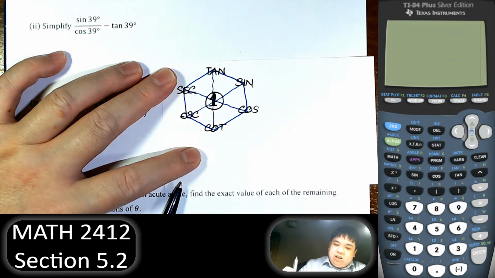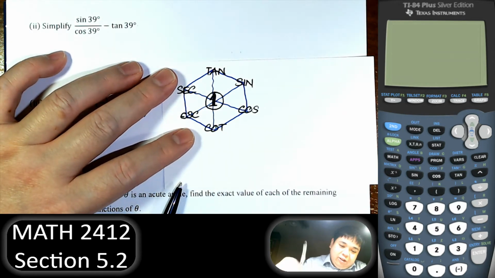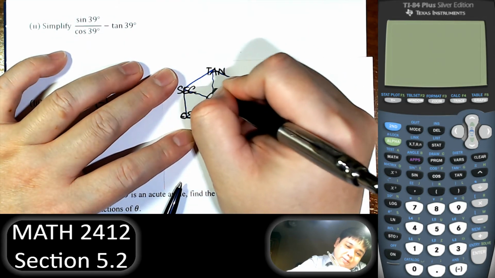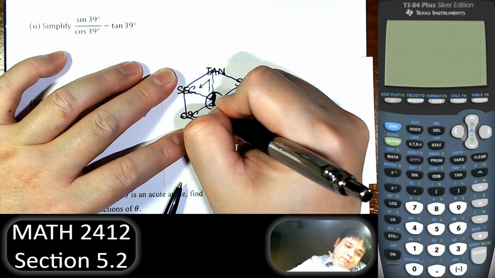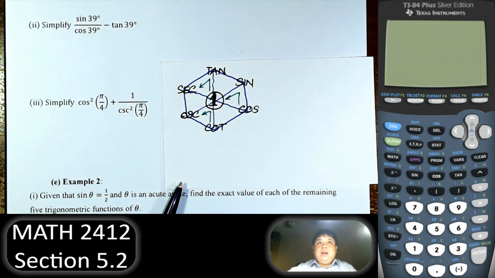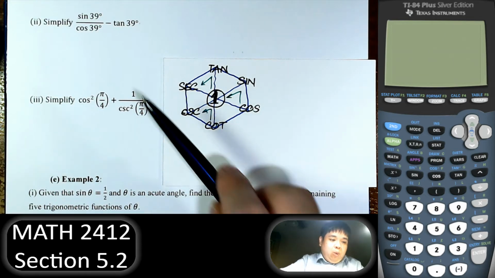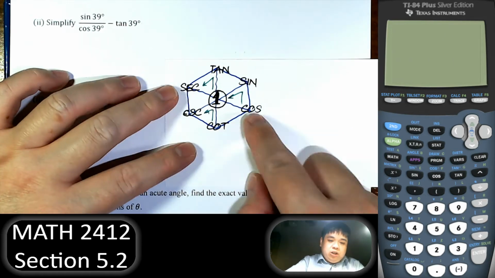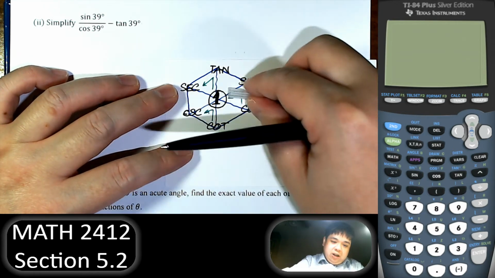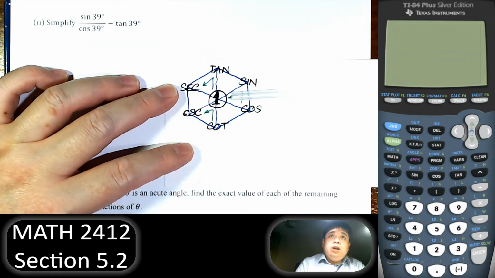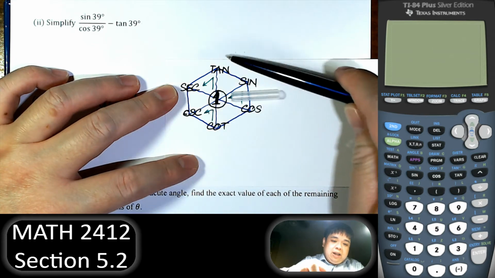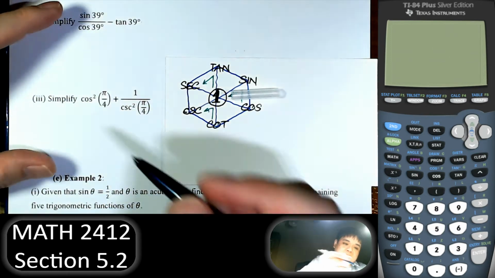Then we have the hexagon. So when we have sine over cosine, we just put the position where we have that ratio, sine over cosine, and since tangent is on the top, that is equal to tangent.